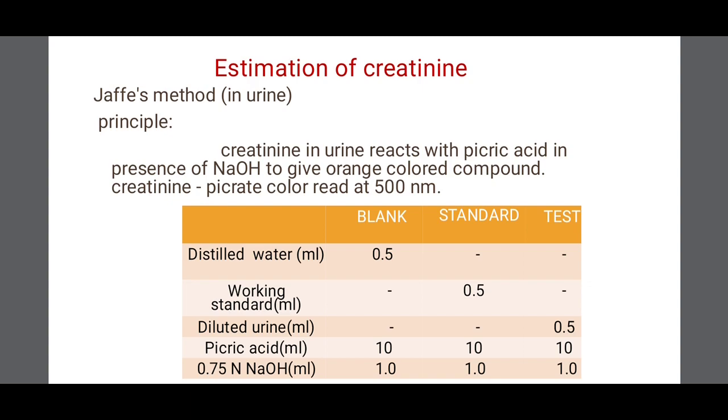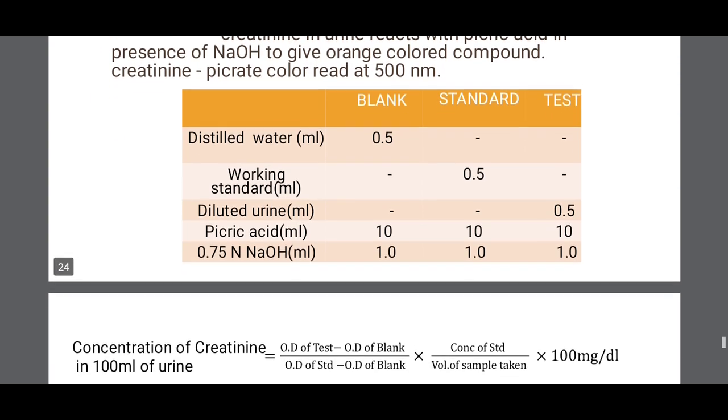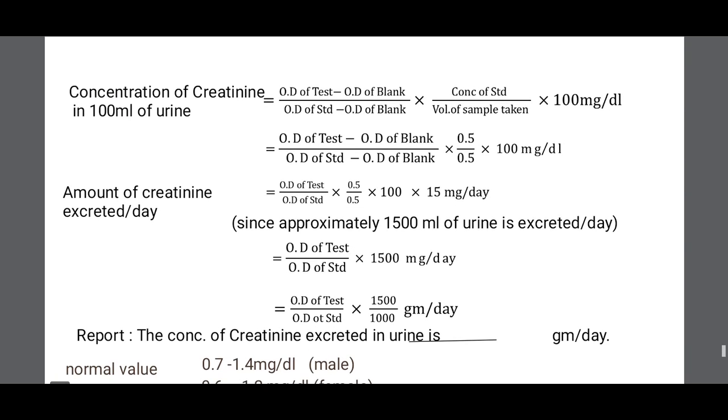In the columns we have blank, standard and test. We use 0.5 ml for each: distilled water for the blank, the working standard for the standard, and the diluted urine for the test. Then we add 10 ml of picric acid to all, and 1 ml of 0.75 normal NaOH to all the test tubes.